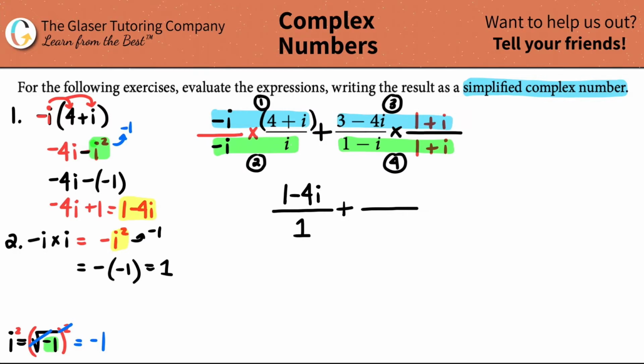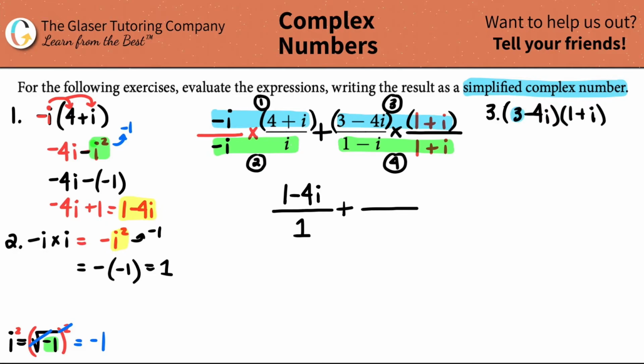Now we have to do 3 and 4. So maybe that's why I erased it earlier, because I wanted to do a 3 over here. And it looks like I have two things that need to be multiplied by each other. So I have 3 minus 4i times 1 plus i. And now this is where we have to be fair.